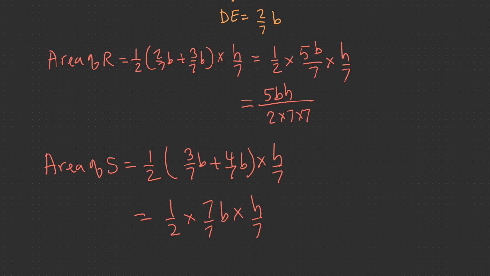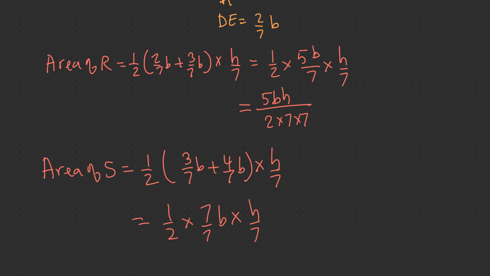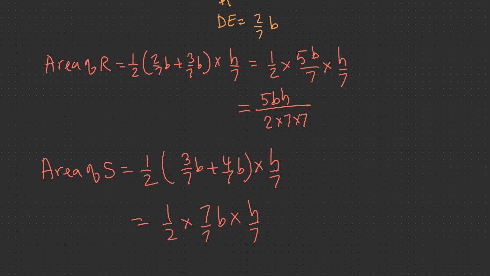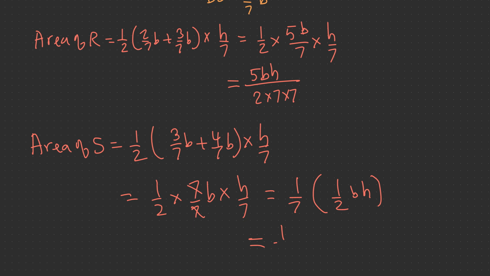And what does that give me? That gives me, the 7 cancels out. That gives me 1 over 7 times half BH. So that is equal to 1 over 7 times area of triangle LMN.